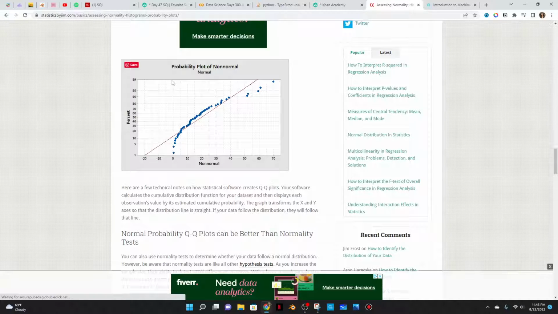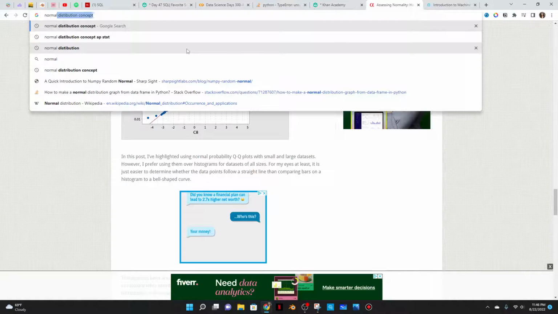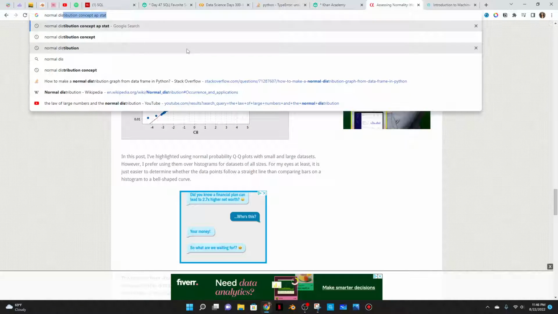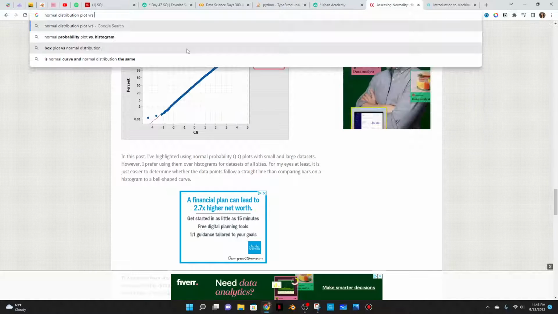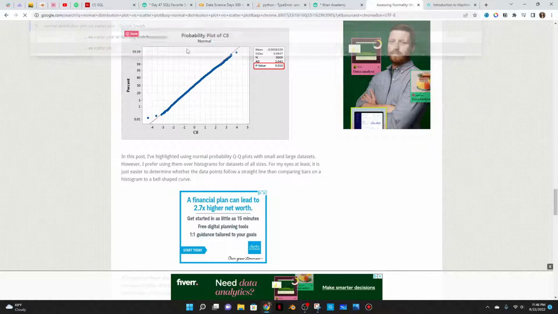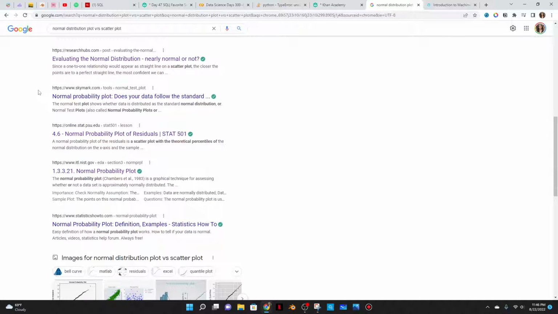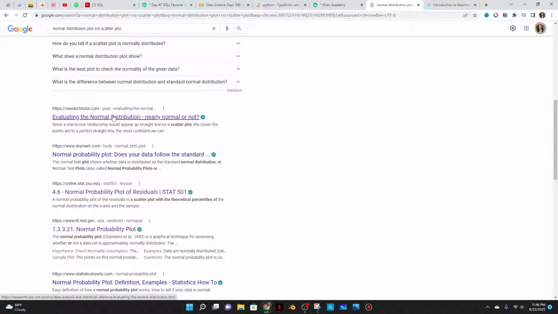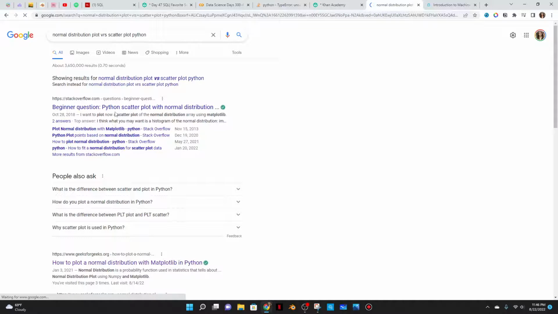Probability plot of non-normal. Okay, so normal distribution plot versus scatter plot. Like a Python explanation, I need an explanation.